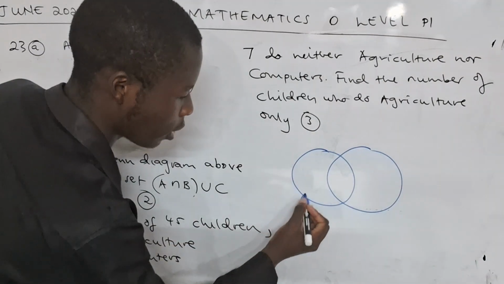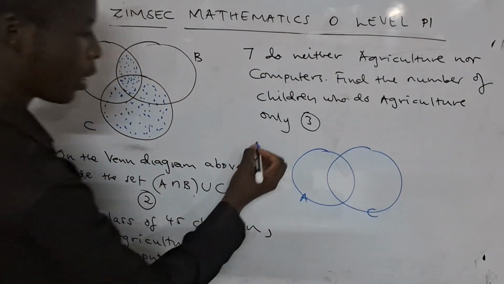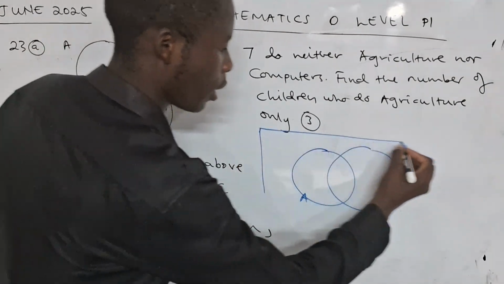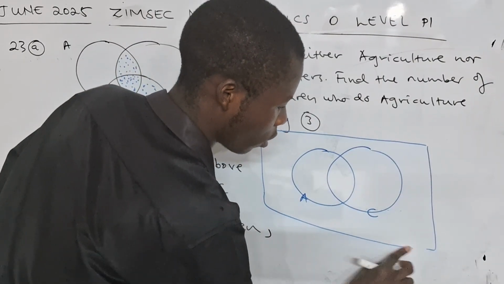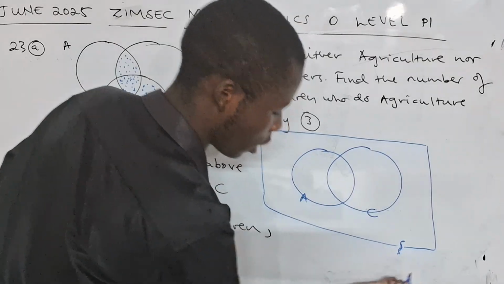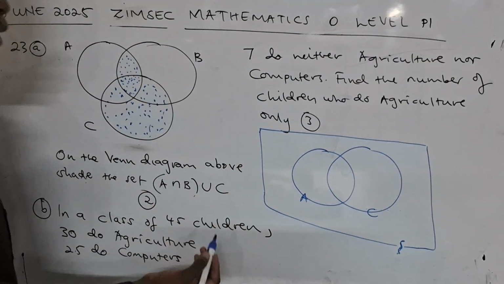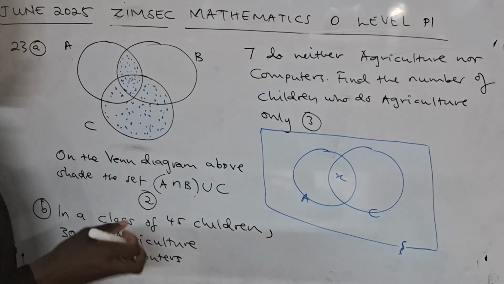This set is for agriculture and this set is for computers. And this is the classroom, the universal set. Now, here I'm going to say X students are studying both.